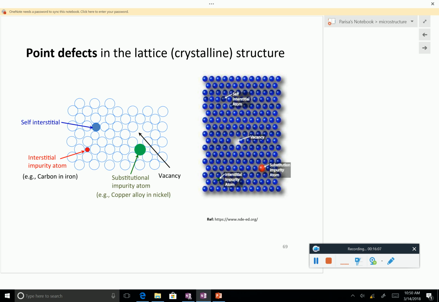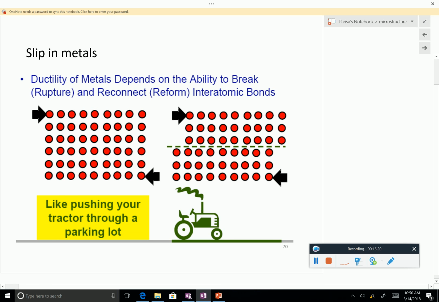What is the significance of point defects? I just told you that alloying is kind of introducing defects to the crystalline structure. So if you have a pure crystalline structure, all the same atoms, the rupture occurs at the slip plane, and the ductility depends on how much you can actually stretch the bonds without breaking. So as you can see here.